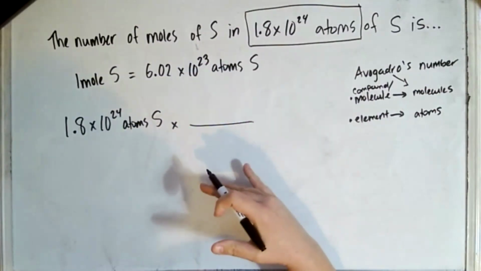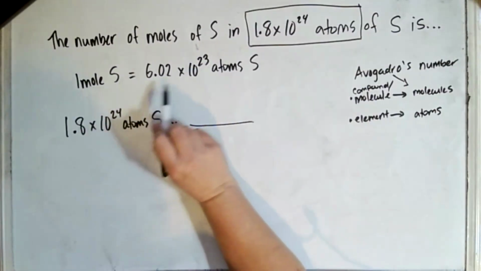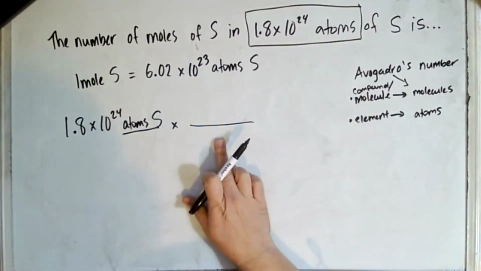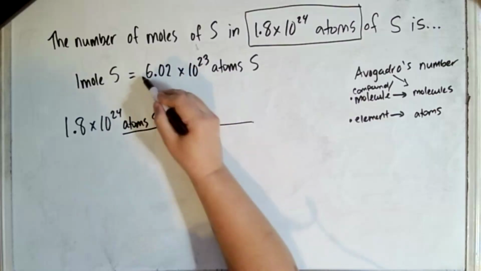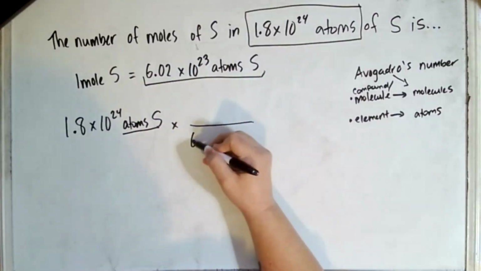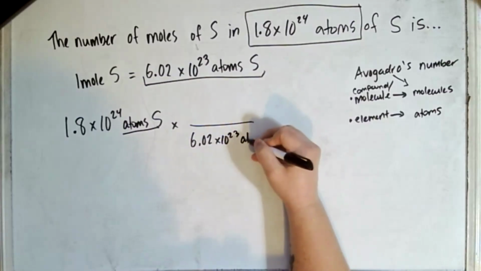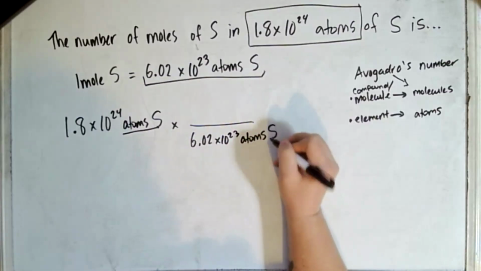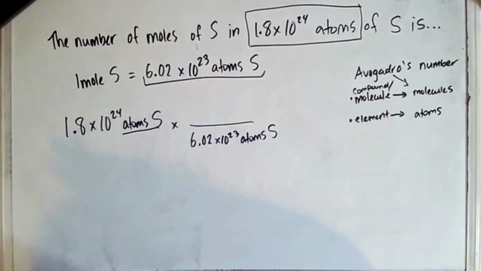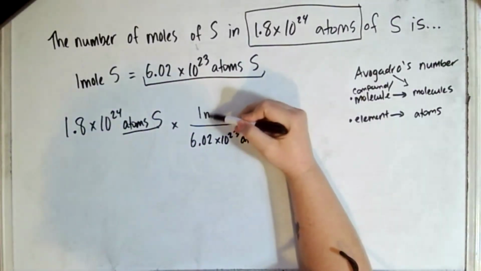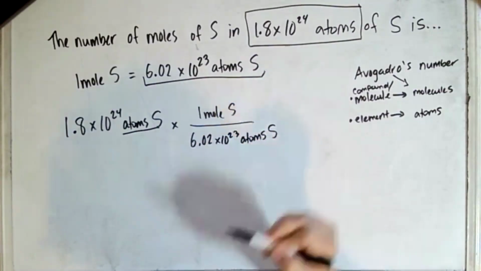So now when we set up our conversion factor, the part of our equality that has atoms of sulfur in it has to be the thing that goes in the bottom. So we're going to take this term and put that on the bottom, and then we're going to put our 1 mole up top.